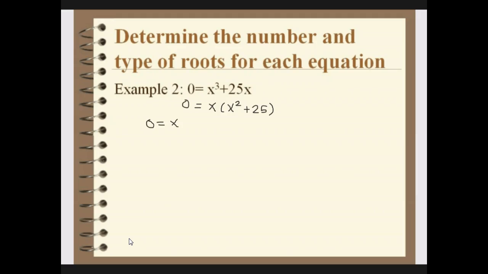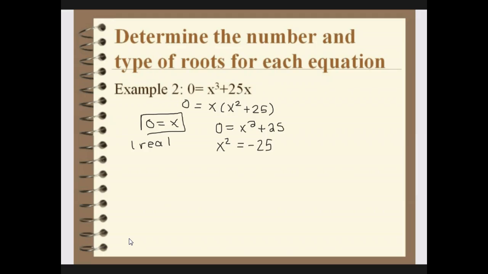And I get one real root off the bat at x equals 0. And then by the zero product property, we set x squared plus 25 equal to 0. And then upon doing so, you get x squared equals -25 because we subtracted to the other side.